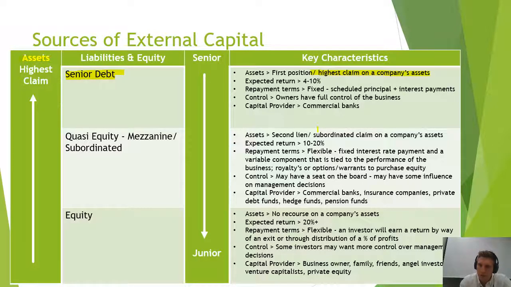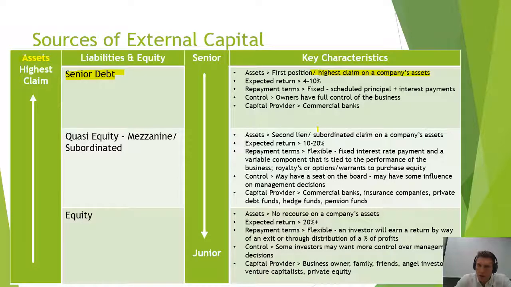So if a borrower goes bankrupt and is no longer able to make the principal and interest payments on senior debt, a senior lender will take possession of the company's assets, sell those assets, and recoup its capital.